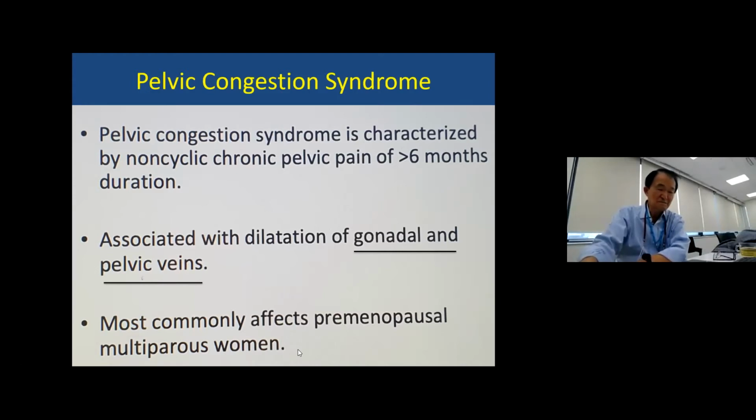After delivering many babies, the pelvic venous system becomes either compressed or somewhat dilated, so blood flow may slow down, or for some reason they have occlusion. So that can cause pelvic pain. That's called pelvic congestion syndrome.